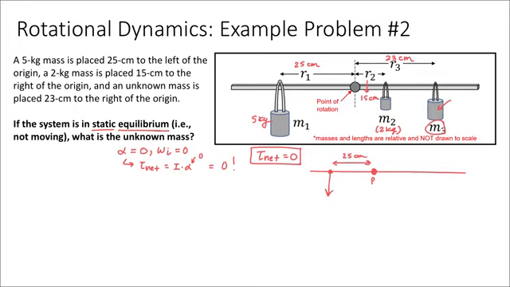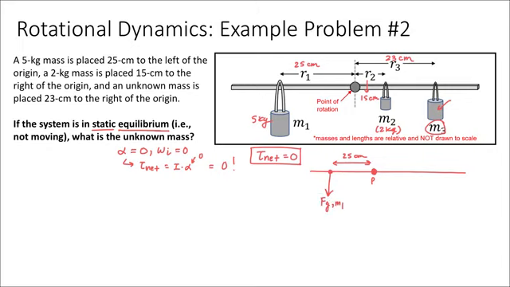If I just consider the rod, and the mass is like an external object, then this mass is exerting a force on the rod. How much force is the mass exerting on the rod? Well, it's got to be equal to the weight force, or the force of gravity on mass 1. I know that mass 1 is being pulled down to the earth by gravity, and so it must be exerting that force. It's not moving, so it must be exerting the same amount of force on the rod.